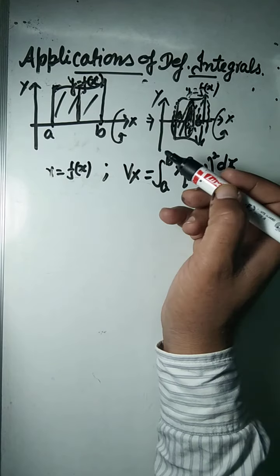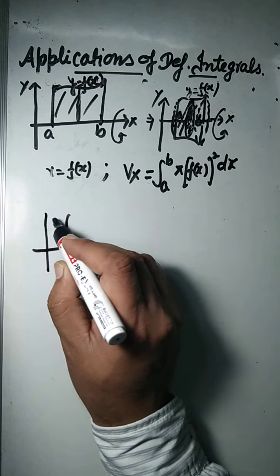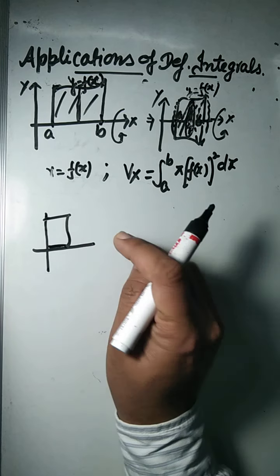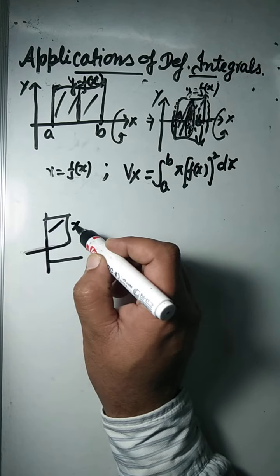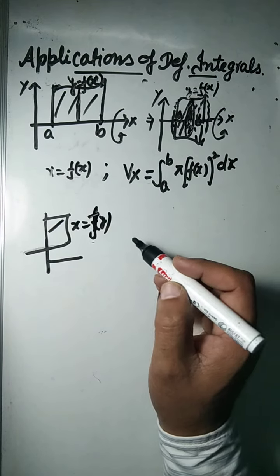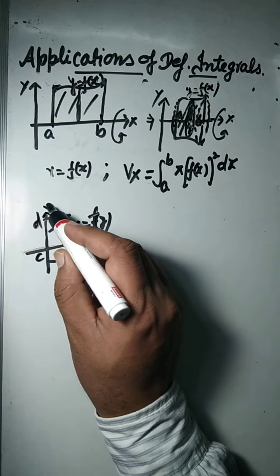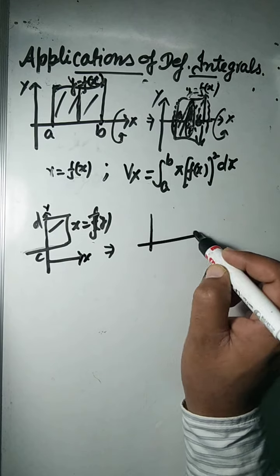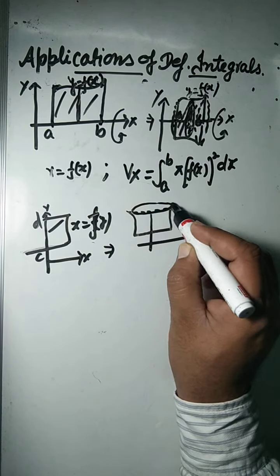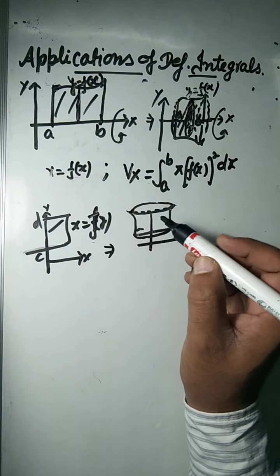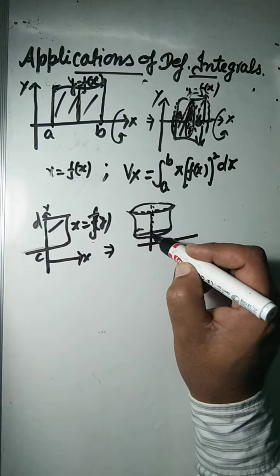Similarly, if we have the curve x equals f(y), and this is c, this is d, and if we rotate along the y-axis, we will obtain a solid form like this.